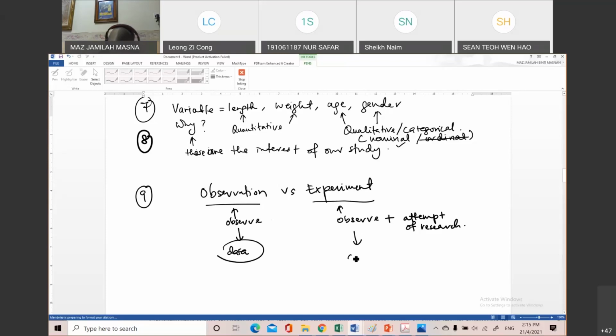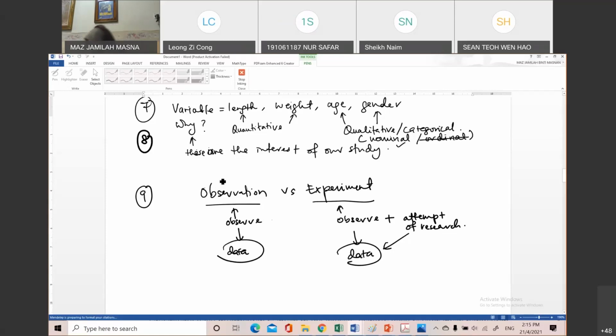Here, your data reflects your attempt of your research interest. Last time I talked about the fertilizer, so different types of fertilizer will affect the data that you collect at the end of your research study. So that is observation versus experiment.